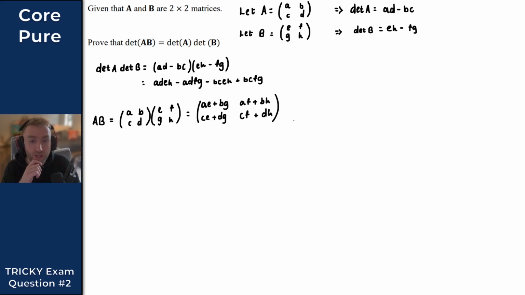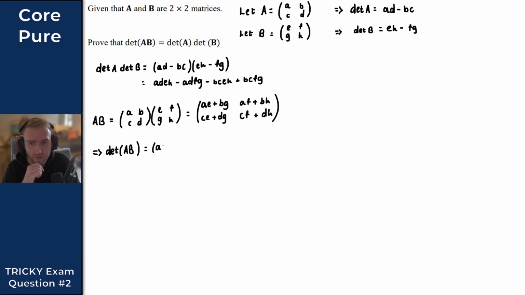What I need to do now is find the determinant of this 2 by 2 matrix, which should be pretty straightforward. The determinant of AB is equal to this element times this element, minus this element times this element. This is all very straightforward and elementary, but let's go through the full process.